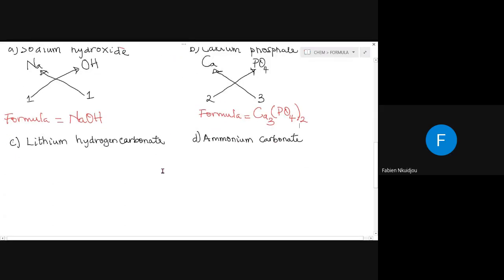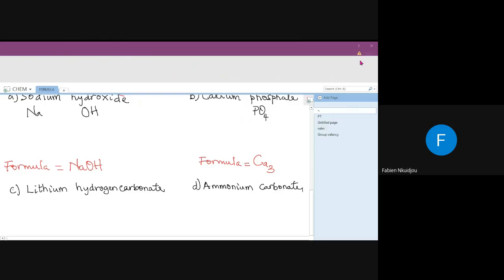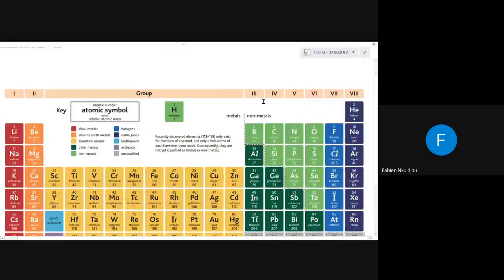Let's look at the next, lithium hydrogen carbonate. So this is lithium. Let's go to the periodic table. So here we have lithium in group 1 of the periodic table. Okay.